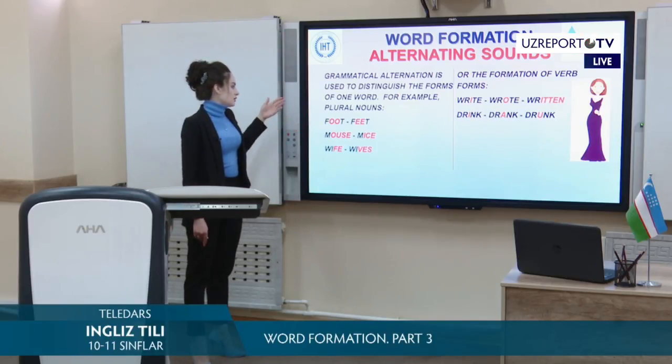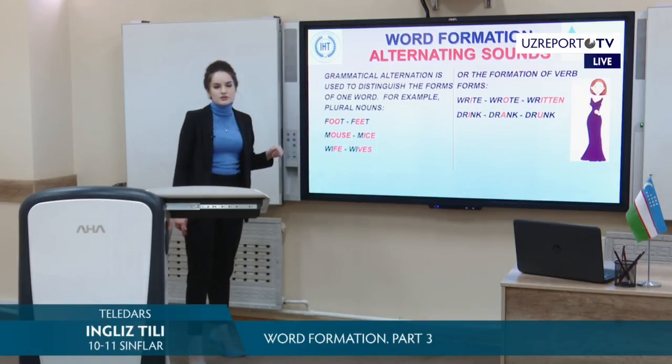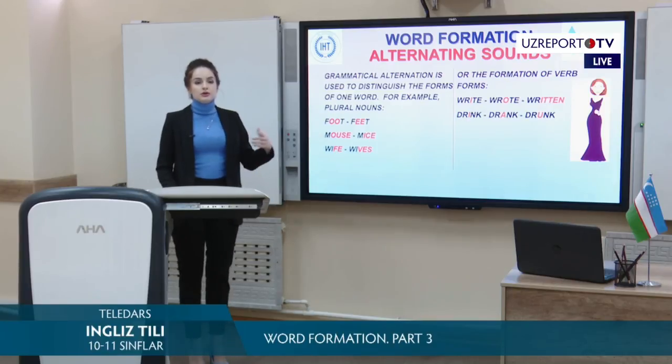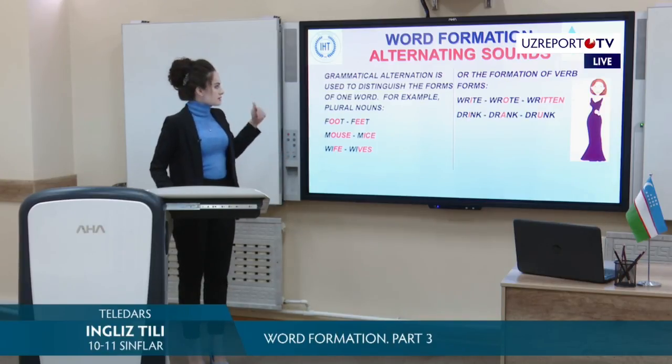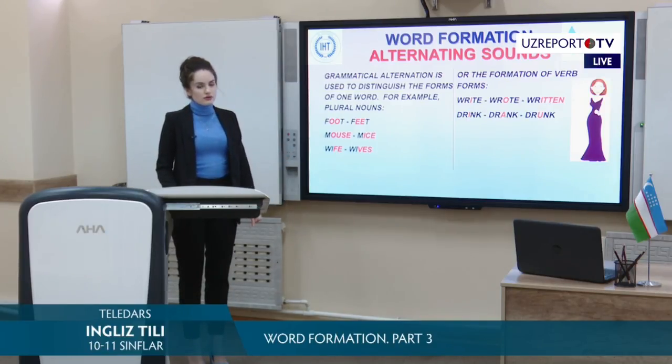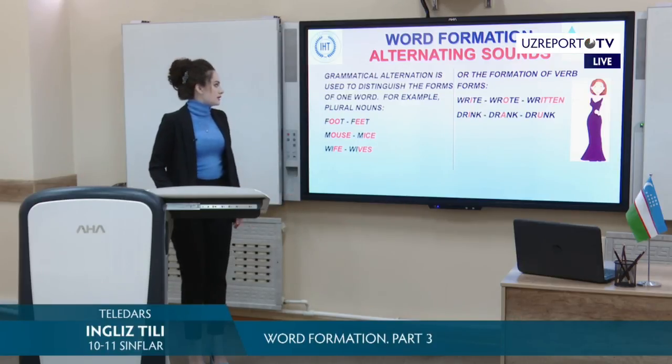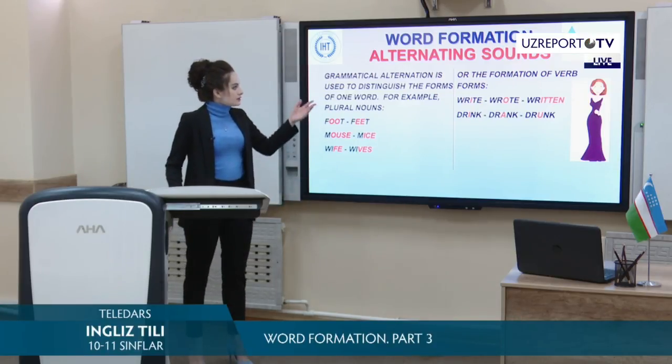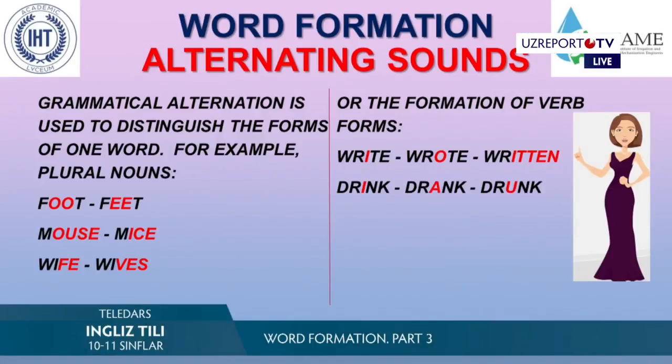As you can see, from the singular form, we transform these nouns into the plural form. This is the grammatical method of creating words in alternating. Next one is the formation of verbs. Please look: write, wrote, written. Here I fixed irregular verbs.